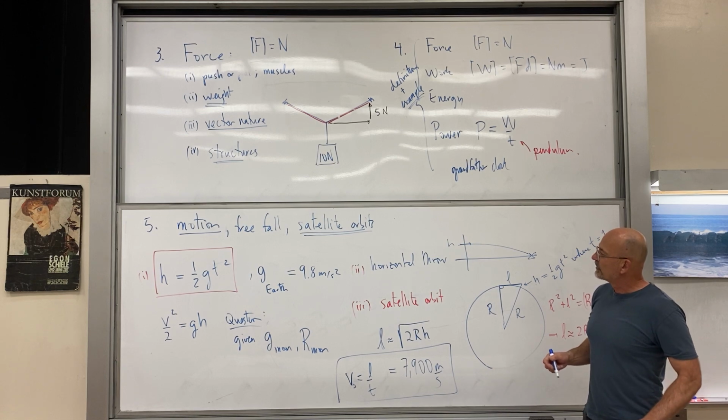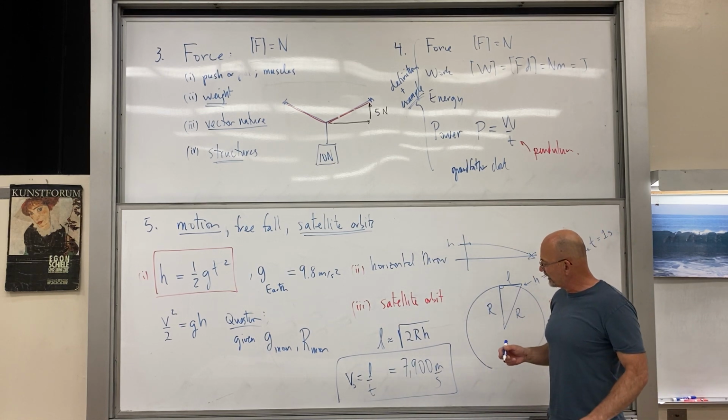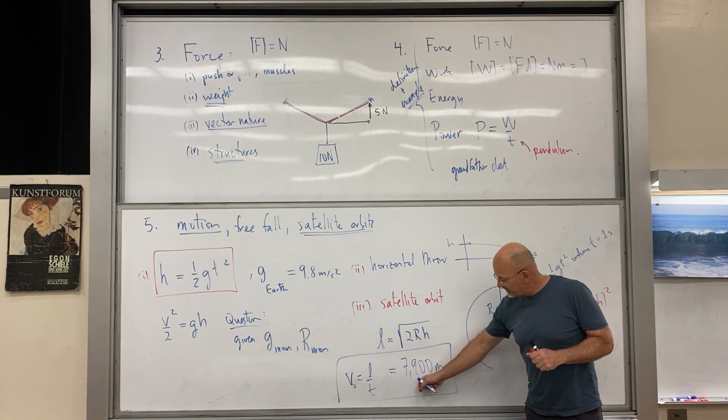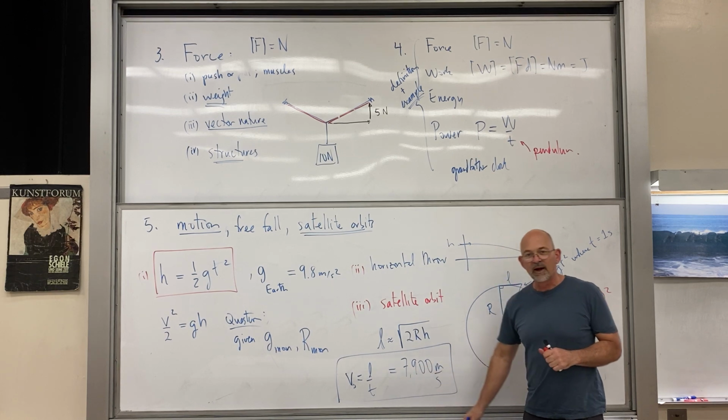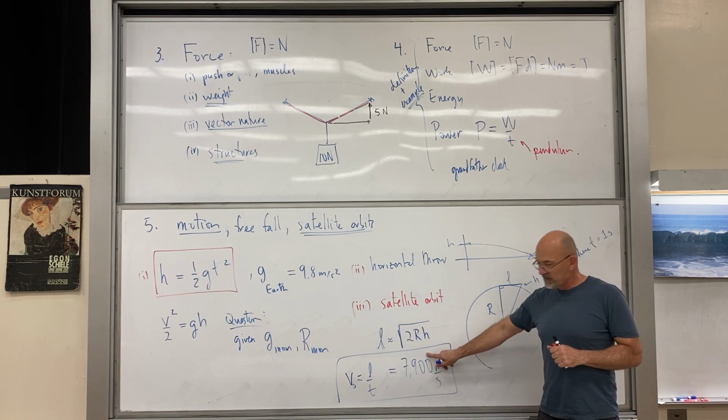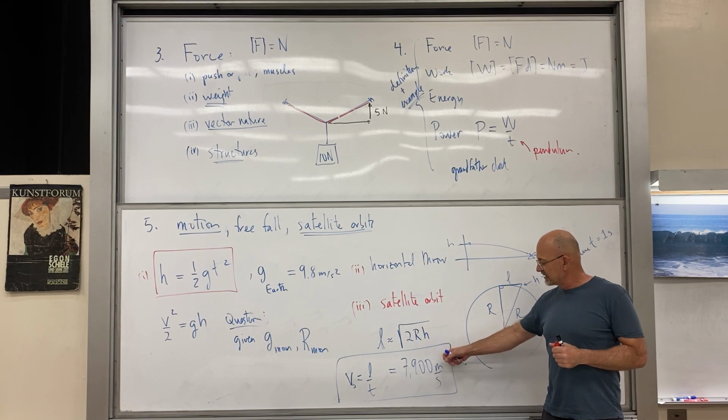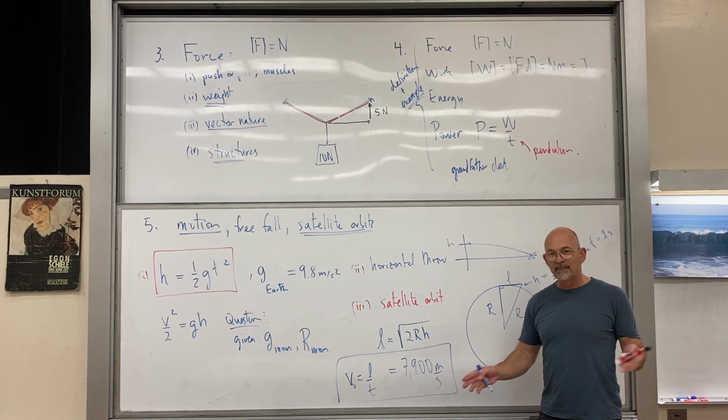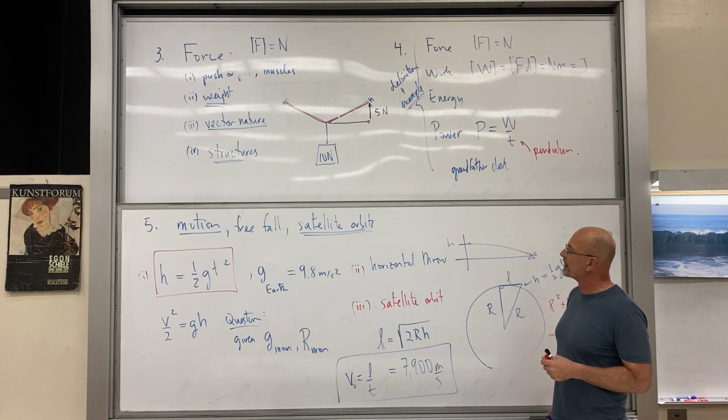Okay. So that was the free fall and satellite orbits. This number was really important, wasn't it? Because when we talked about the meteor crater, we were able to say, well, it's going at least this fast. And that was when we had learned Newton's law and mass and kinetic energy.